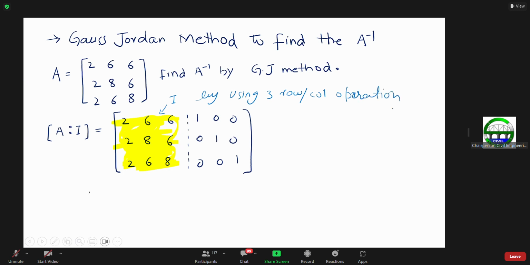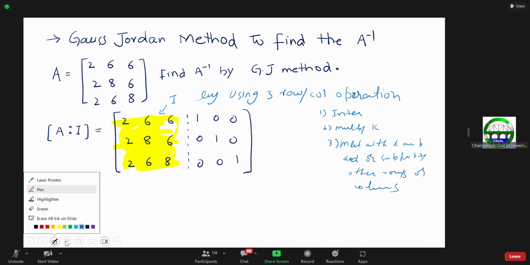Remember, we talked about three operations. What are the three operations? First was interchange, second was multiply with k or any scalar, and third was multiply with k and add or subtract with other rows or columns.